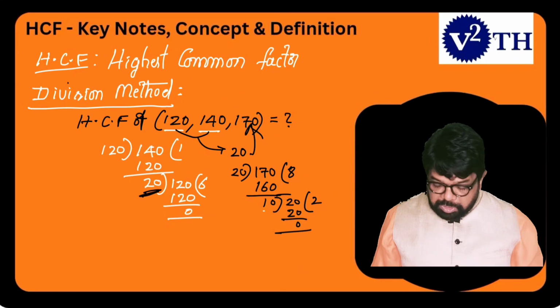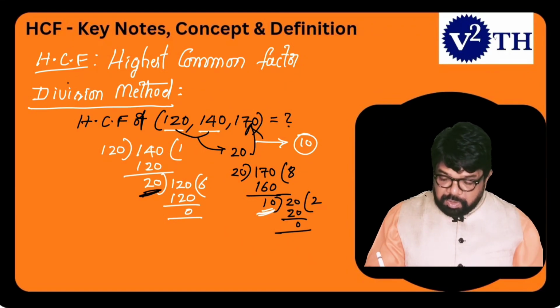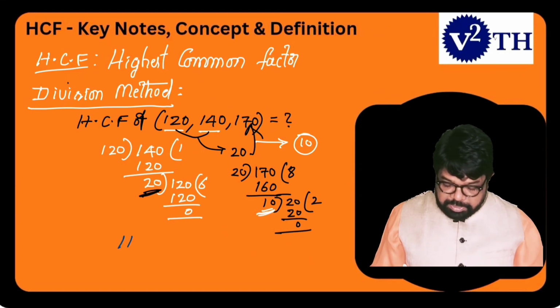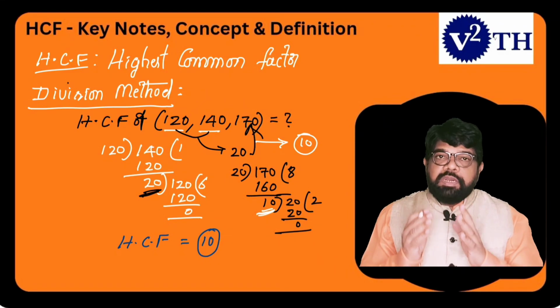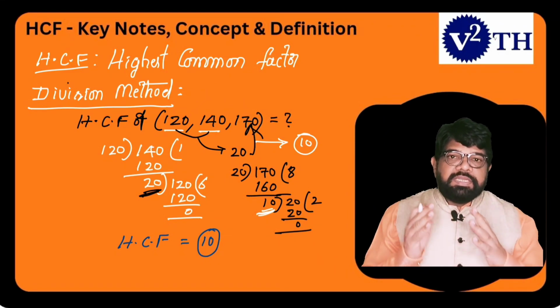When the remainder is 0, the last divisor, what is it here? 10. 10 is the HCF of these two. Finally, what is the HCF of these numbers? HCF of 120, 140 and 170 is 10. HCF of 120 and 140 is 20. Now HCF of 20 and 170 is 10.